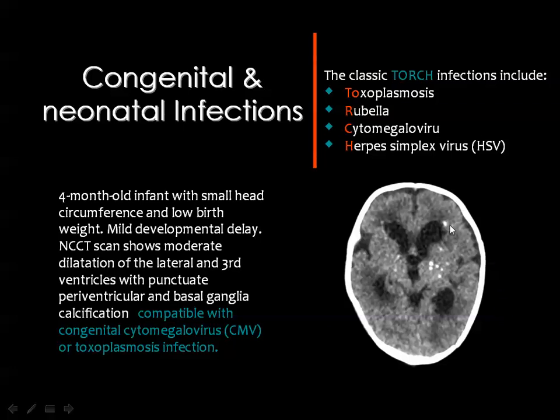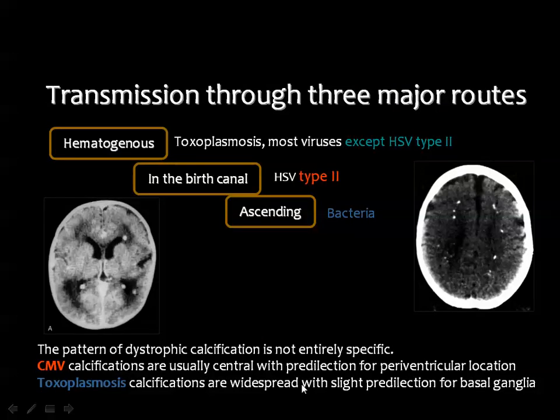As you can see in this example, you can see minute foci of calcium in this axial CT image without contrast, distributed non-symmetrically in the periventricular area. And whenever you see this appearance, you assume you are dealing with a congenital intracranial infection, one of these four categories.